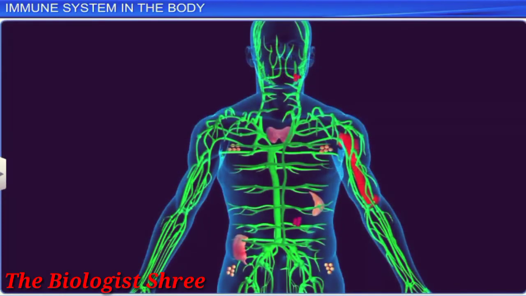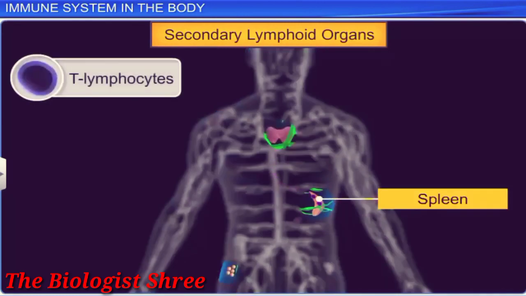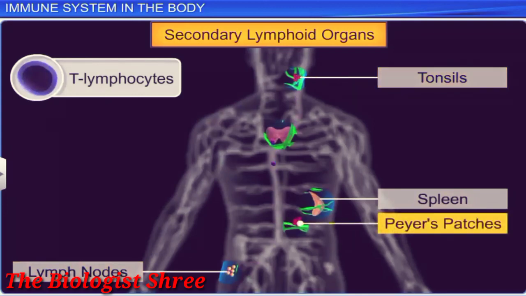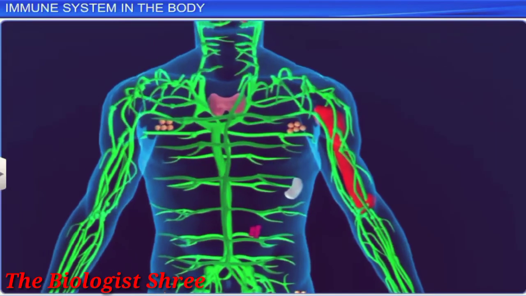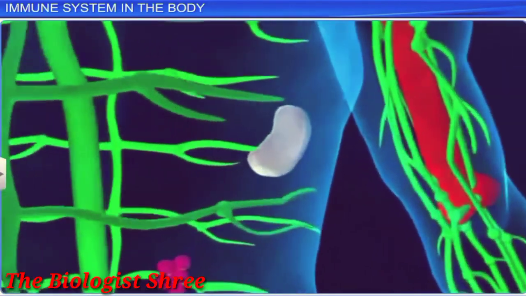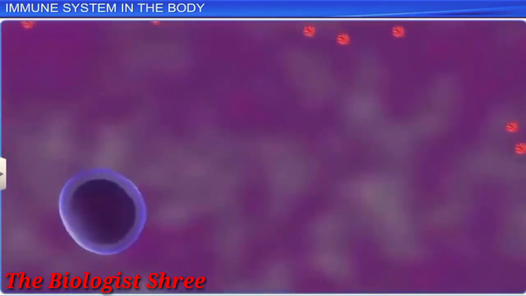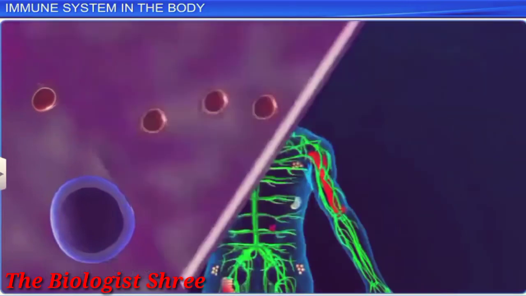When lymphocytes mature, they move to the secondary lymphoid organs such as the spleen, lymph nodes, tonsils, Peyer's patches in the small intestine, and appendix. It is inside the secondary lymphoid organs that lymphocytes interact with antigens and proliferate to form effector cells.